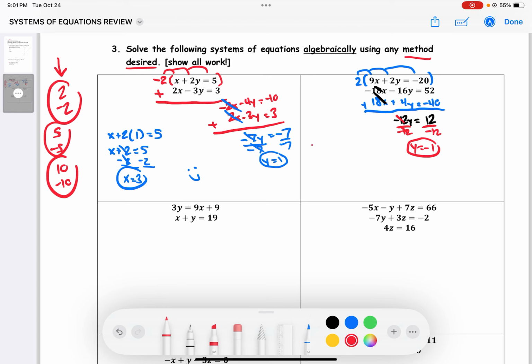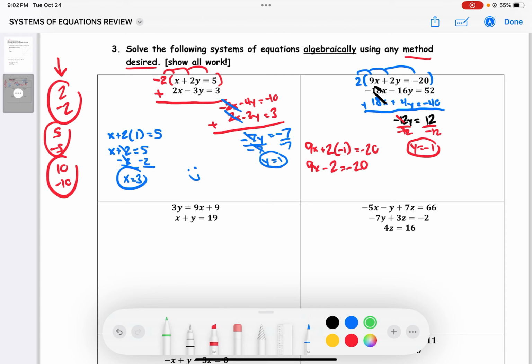Put that back in, 9x plus 2 times y equals negative 20. 2 times negative 1 is negative 2. Hold on, what happened here? Yeah, we're good.